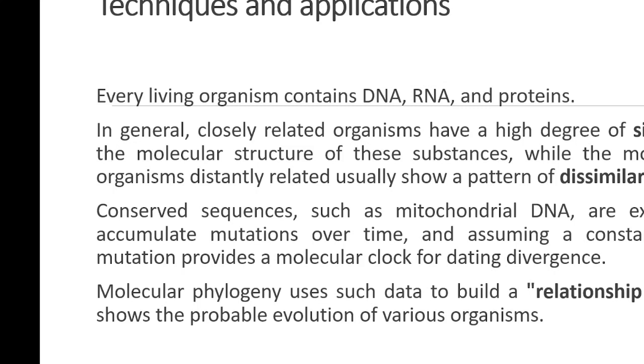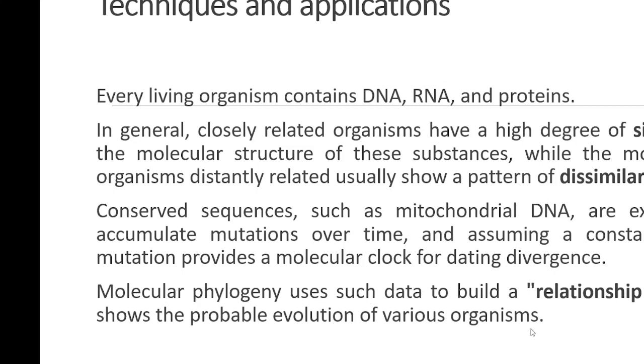So while doing DNA fingerprinting, we usually take this mitochondrial DNA. Even if you are sending a specimen for that, we are actually taking the mitochondrial DNA CO1. So that is the meaning of the word conserved sequence, because they remain like that without any kind of change for a long time. Molecular phylogeny uses such data to build a relationship tree that shows the probable evolution of organisms.